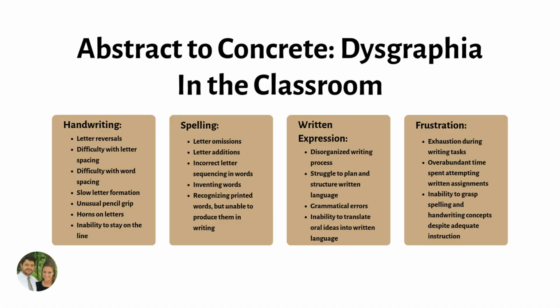The four primary ways dysgraphia presents in the classroom include handwriting, spelling, written expression, and student frustration. When looking at a dysgraphic student's handwriting, you'll observe letter reversals, incorrect letter ordering, difficulty with letter spacing and word spacing, slow letter formation, an unusual pencil grip, horns on letters, as well as an inability to stay on the line when writing.